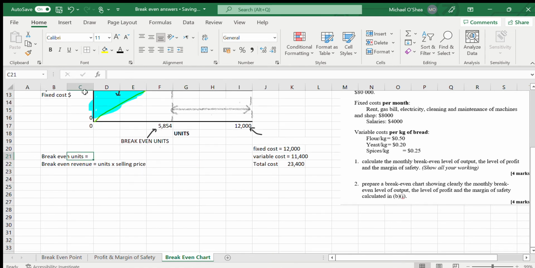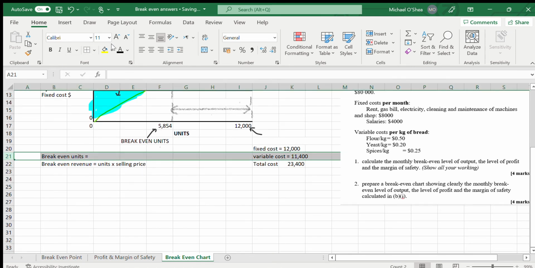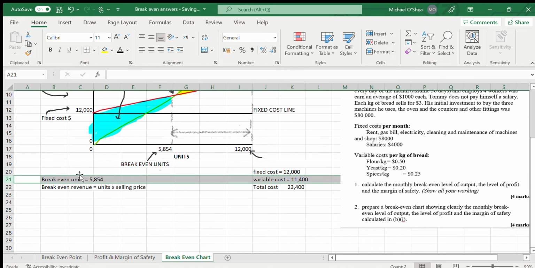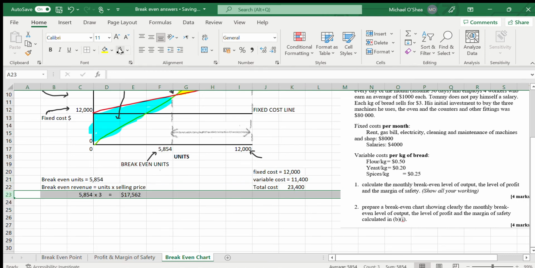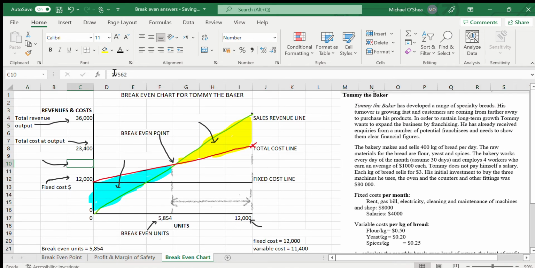Well, my break-even point is 5854, but my break-even point in revenue would simply be the 5854 multiplied by the selling price. So selling price is 3. So 17,562 would be this point here. And again, you could roughly show across here that this point is going to be 17,562. Break-even revenue, break-even in units.